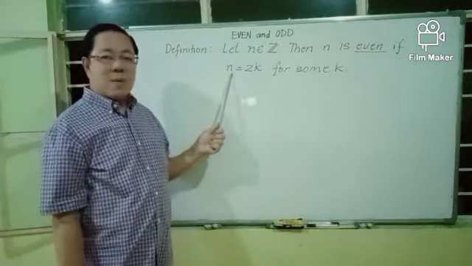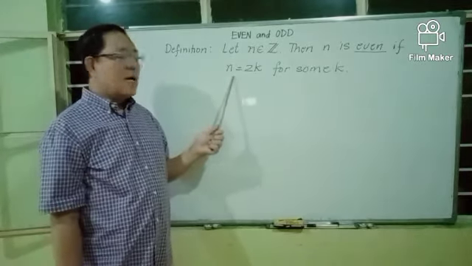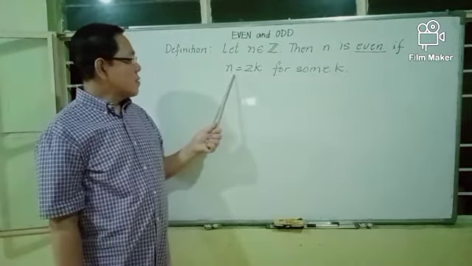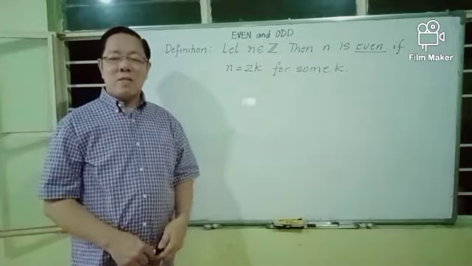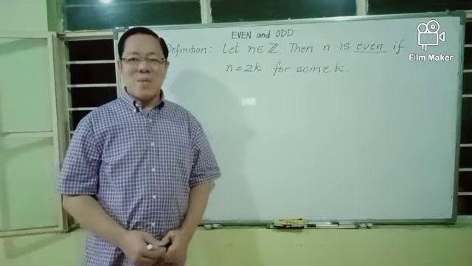Also, if we divide both sides of this equation by 2, we would get n divided by 2. So this means n equals 2k means that 2 divides n by definition of divisibility.